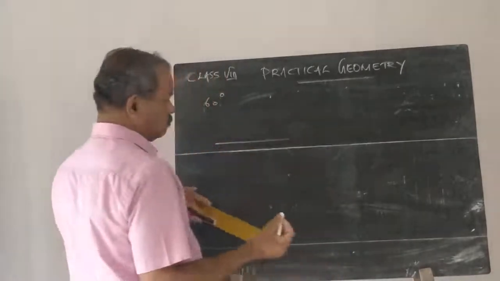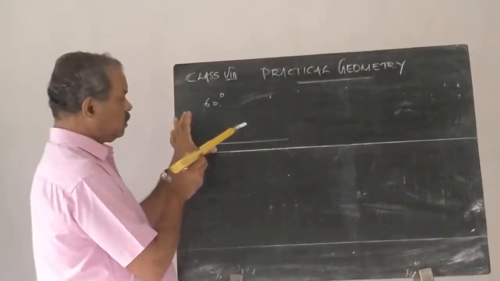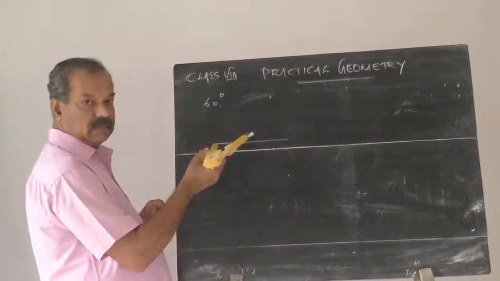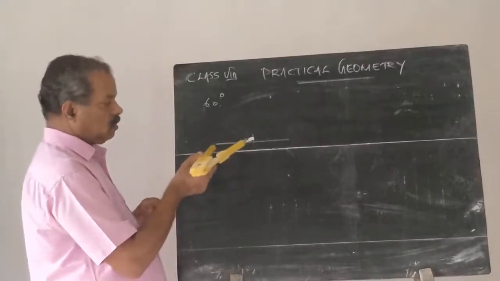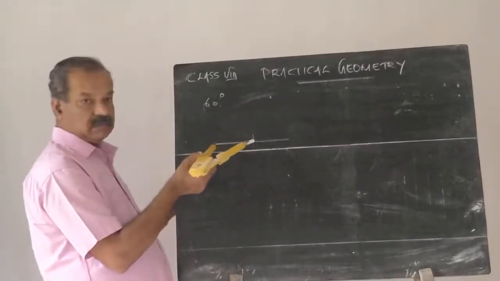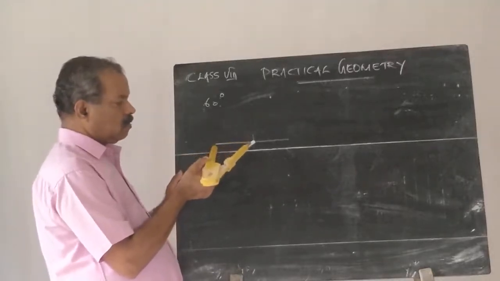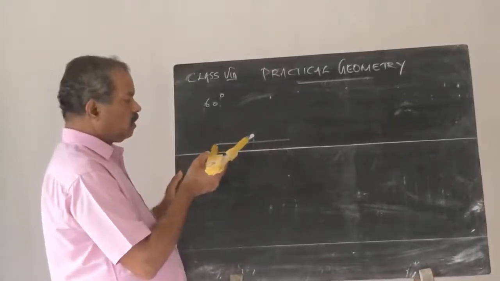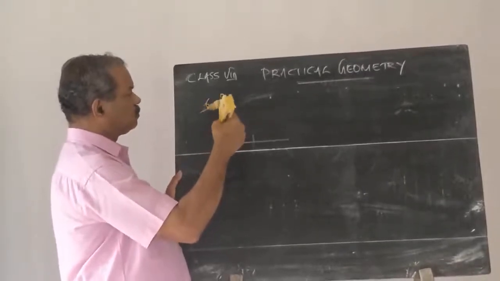Draw a line. So to get a 60 degrees, first draw a line segment, then draw an arc with one end point as center. Draw an arc on the line, and from the same distance draw an arc in the plane also.